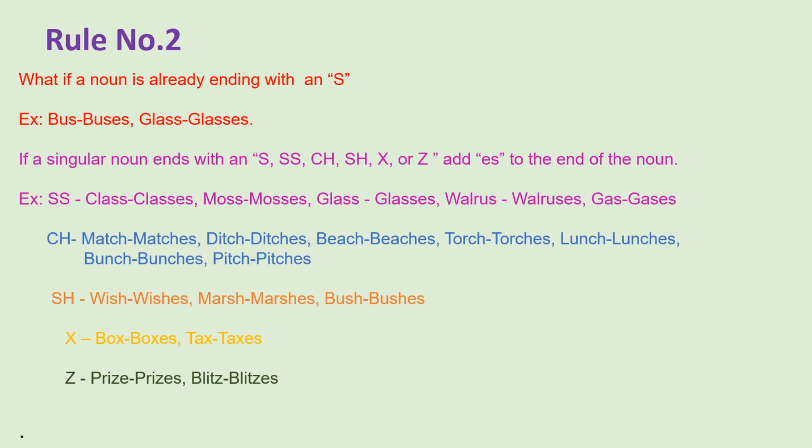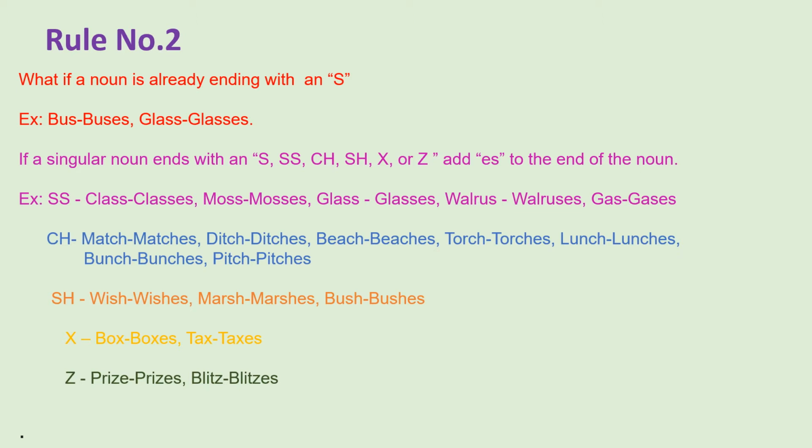Class, classes; moss, mosses; glass, glasses; walrus, walruses; gas, gases. Now some words ending with ch. Match, matches; ditch, ditches; beach, beaches; torch, torches; lunch, lunches; bunch, bunches; pitch, pitches.